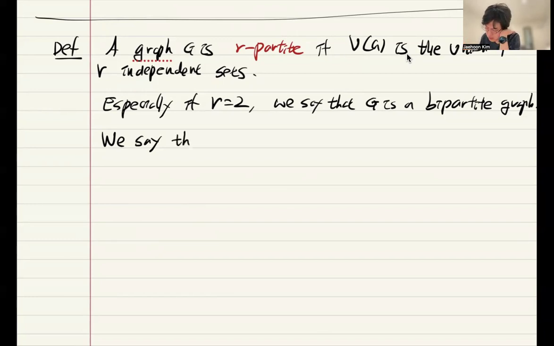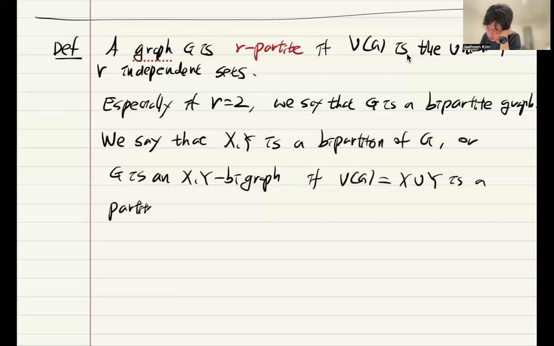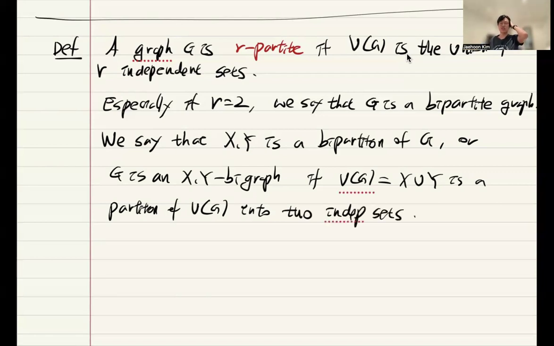We say that X and Y is a bipartition of G, or we say that G is an XY bipartite graph or bigraph if this is a partition of the vertex set of G into two independent sets. So oftentimes I just write this to indicate independence.